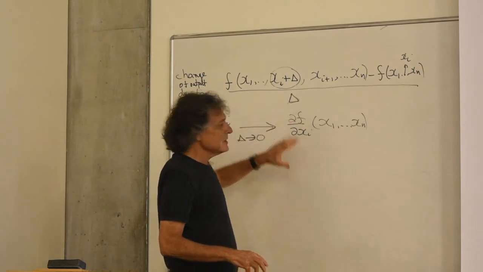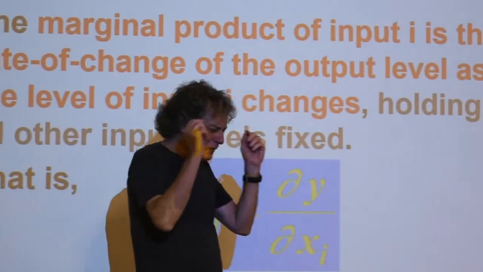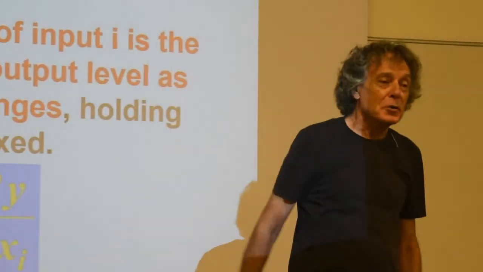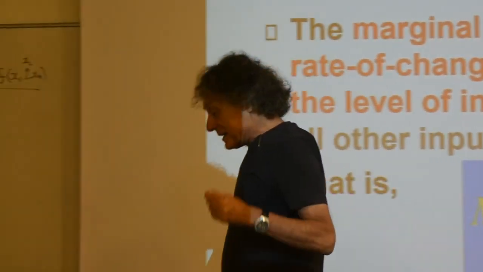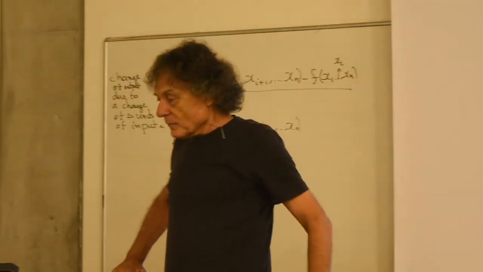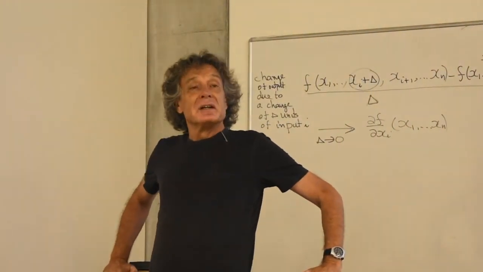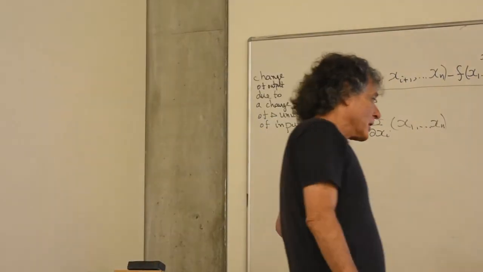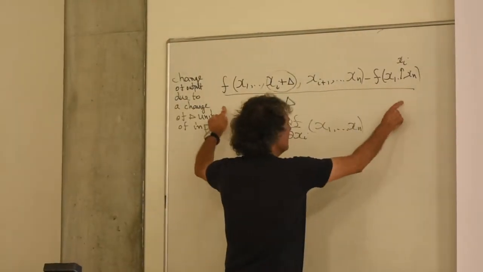So it's a partial derivative, but if you want to think of it intuitively: what happens if I increase by a small unit the amount of a certain input? Per unit change, what is the change in the output? It's called the rate, but that's a definition.